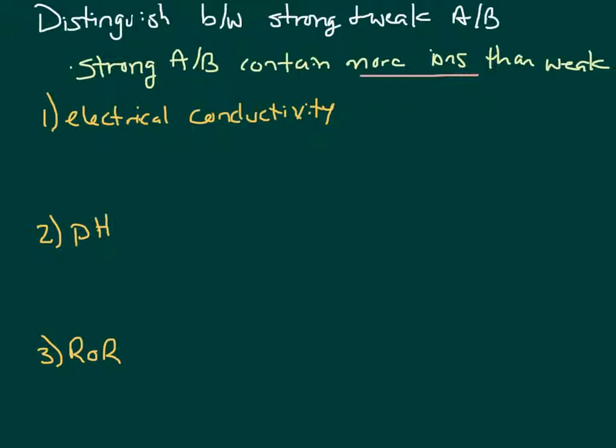Electrical conductivity depends on the concentration of mobile ions. So the key word there is ions. Electricity runs via charge. The charge that is present is the dissociated form, or the ions present in a solution.